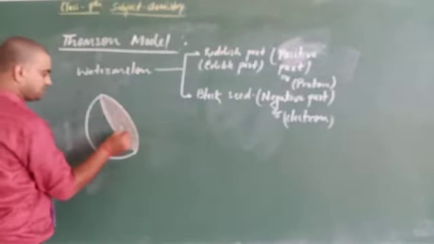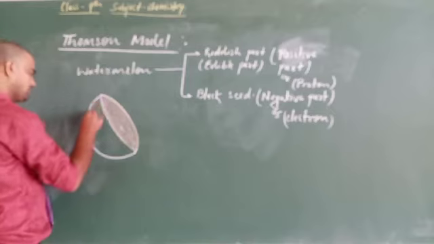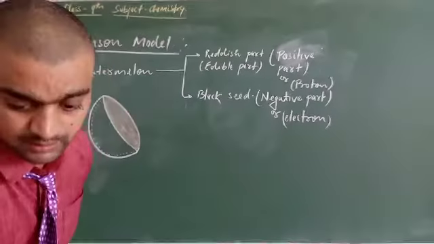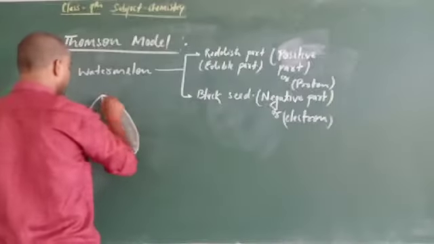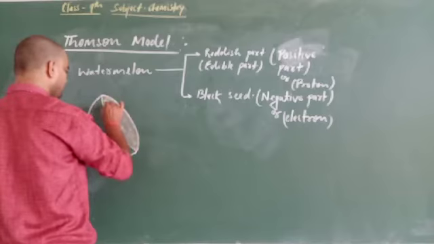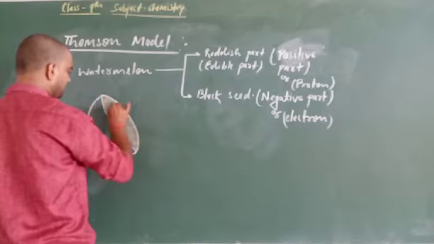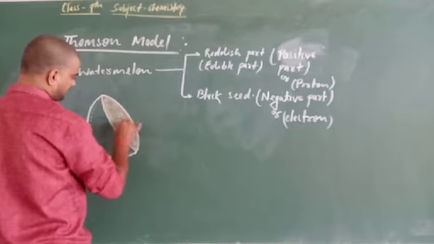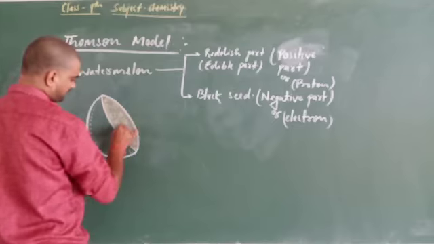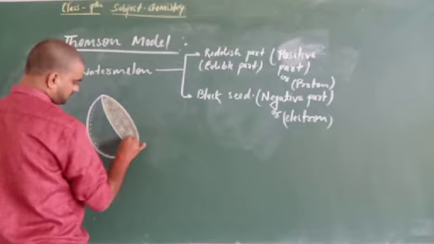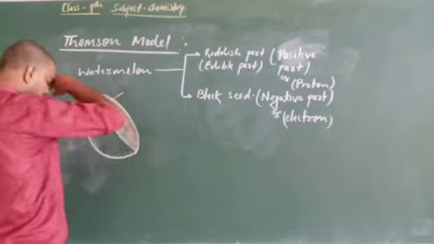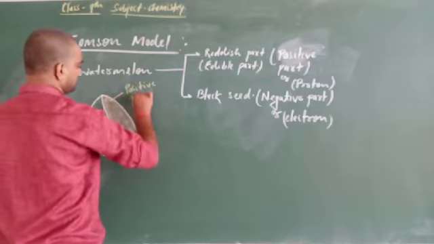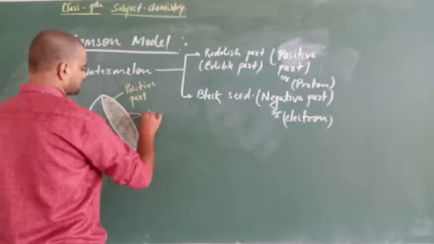This is the reddish part of the watermelon, and in this reddish part a number of black seeds are embedded all over. Clear? So suppose this is the positive part, that is the proton, and these are the electrons, that is the negative.